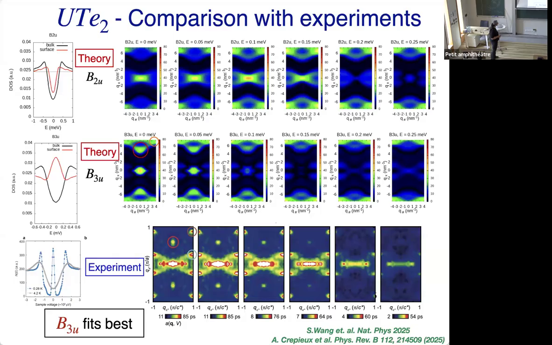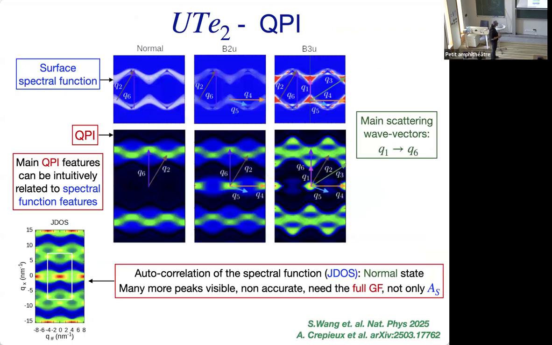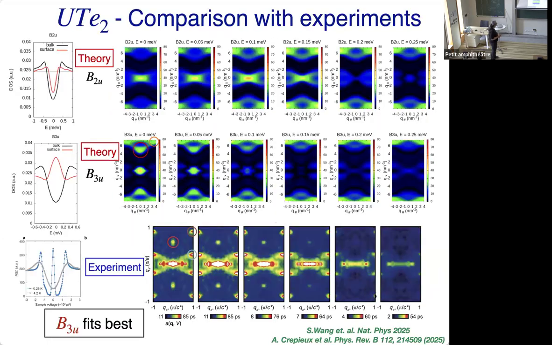You have some intensity close to zero momentum here in the center. That looks more or less similar for both B2U and B3U, and it would correspond to the Q4 and Q5 wave vectors, more or less. And then you have this Q2 and Q6 here.